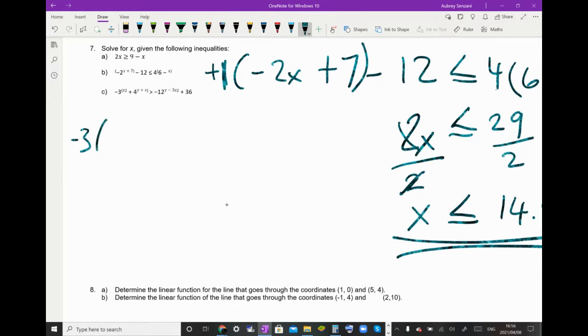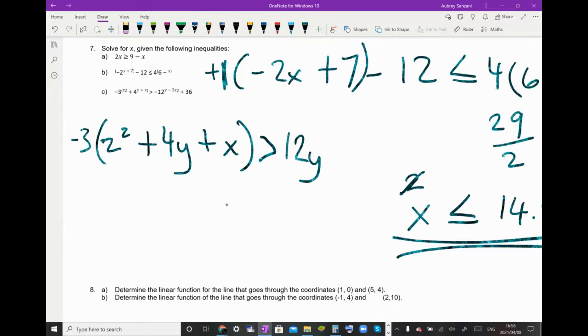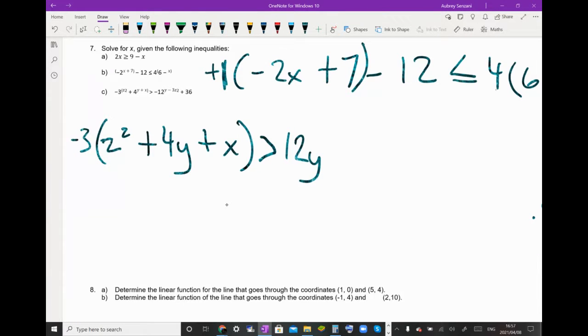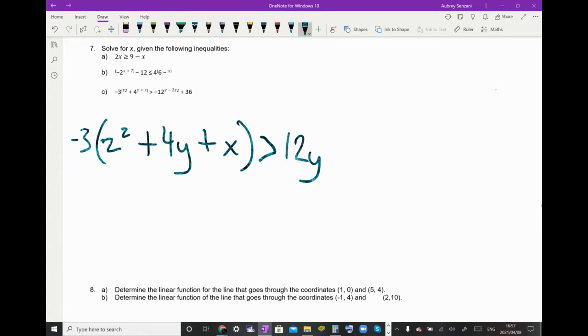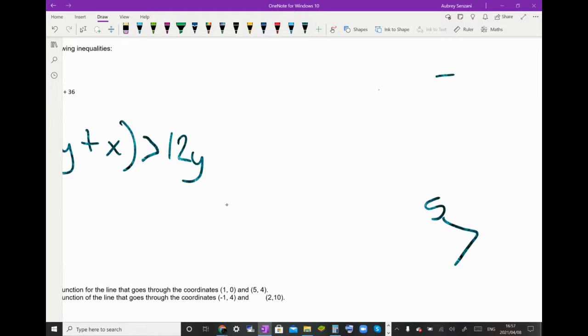Negative 3, z to the power 2 plus 4y plus x, close brackets, is greater than, okay, this is not all going to fit, so I'm going to have to erase this. 12y, and this is a negative 12.